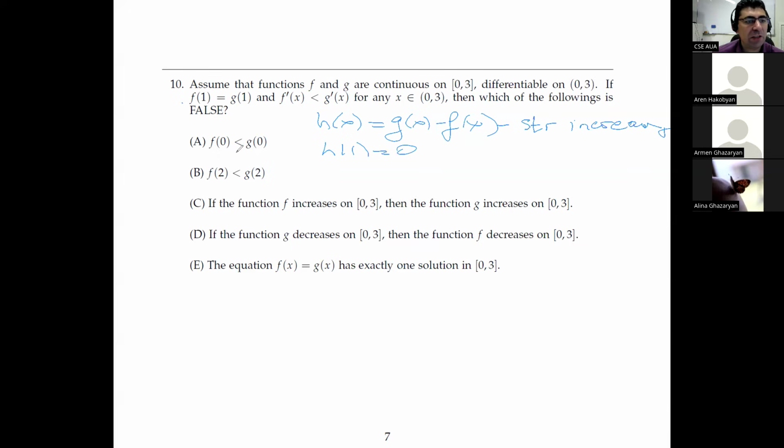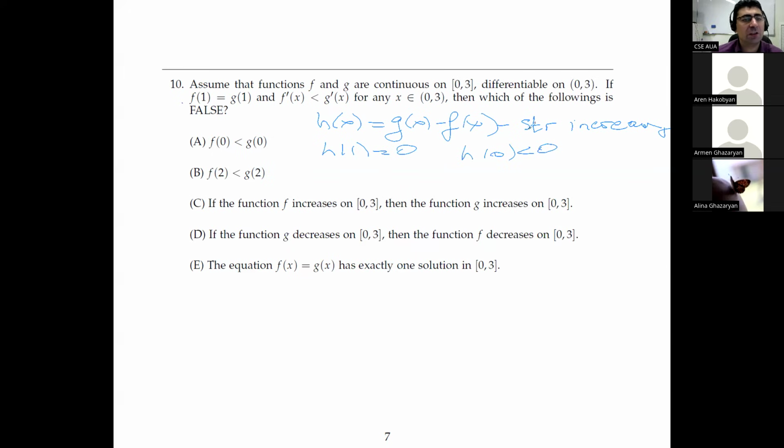Can we say h at 0 should be negative? Because it's increasing, at 1 it is 0, so before 1 it should be negative. Increasing function at 1 reaches 0.